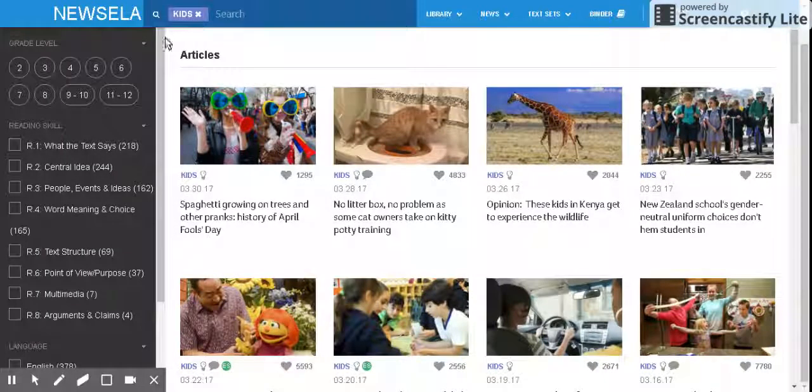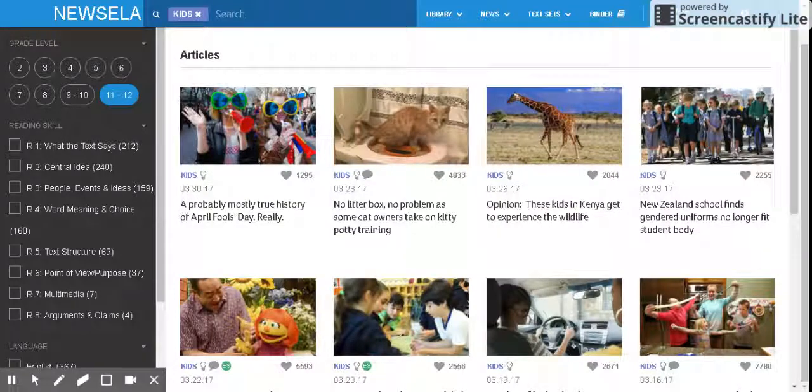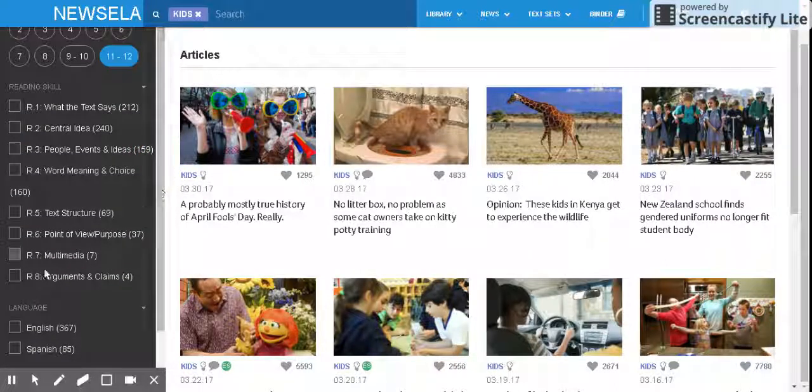And I'm going to bring your attention over here on this side, the gray panel. I can also sort further if I want to find an article specific to older kids, something for juniors and seniors. I click on juniors and seniors if that's what I happen to teach. And I know that if I was teaching my juniors and seniors, I really wanted to talk about arguments and claims.